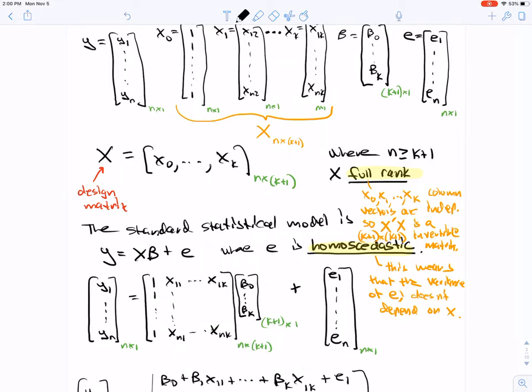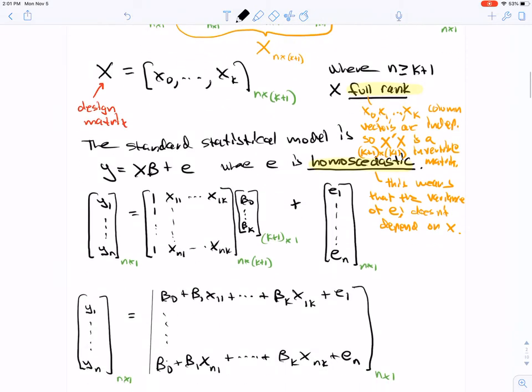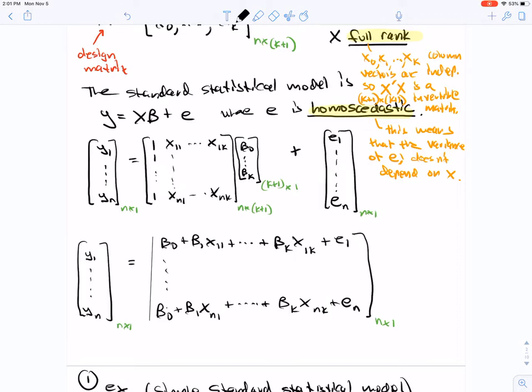Okay, the standard statistical model is that y is X beta plus E, where E is homoscedastic, meaning that the variance of these error terms doesn't depend on x. I've just written out what my standard statistical model means in terms of the matrices, so you can make sure that all the dimensions work out.